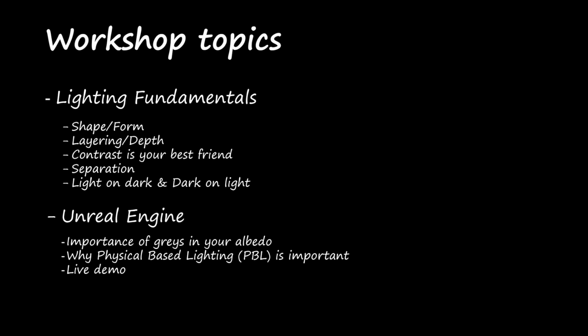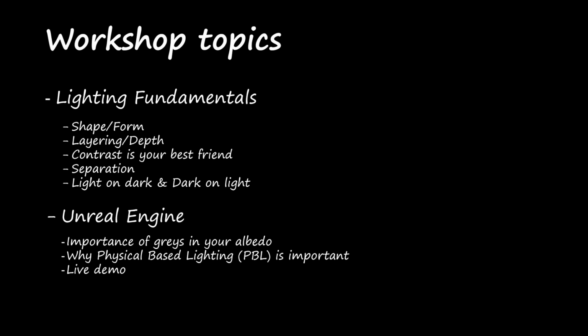This is really just my perspective on things that hopefully will help you to guide yourself a little bit better. So yeah, here that's the lighting part. We're going to talk about shape and form, layering, contrast is super important, separation of your image, and light on dark and dark on light. And then we're going to jump into some Unreal Engine practical exercises, or more exercises rather. So it should be fun.